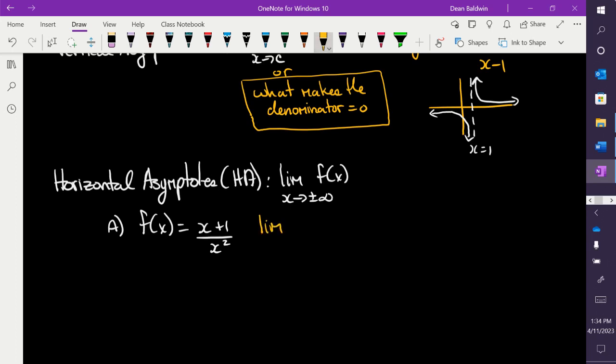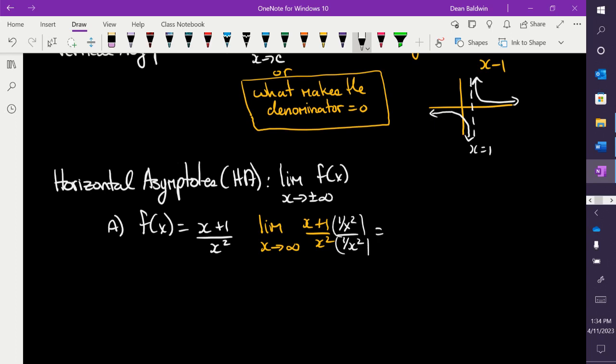We go, okay, what is the limit as x goes to infinity of this function? So you look for the highest exponent. What's the highest exponent? 2. So you multiply the top and the bottom by 1 over x squared. Do you remember this from the limits unit, the very first unit?